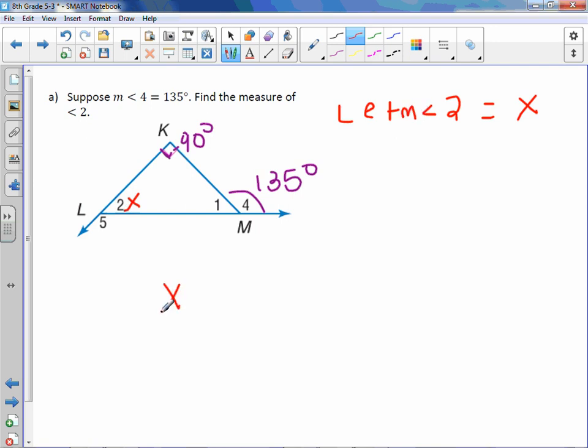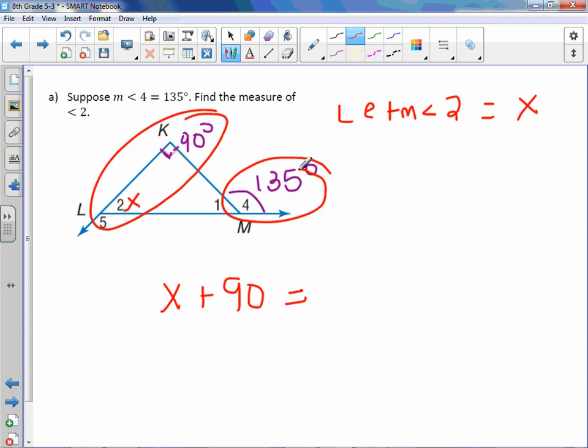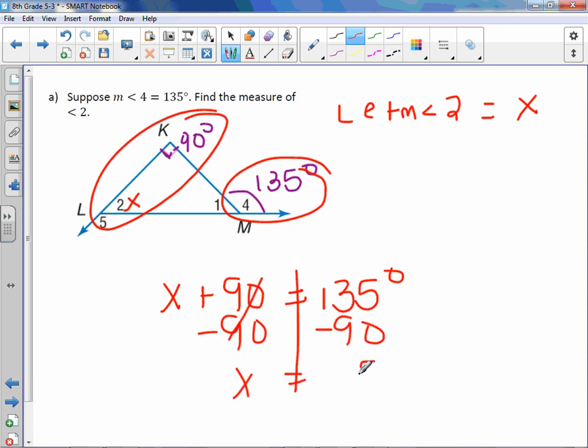So I can say that x plus 90 degrees equals 135 degrees, because we have our two remote interior angles and our exterior angle, which are equal to each other. Subtract 90 from both sides. x equals 45 degrees. So the measure of angle 2 is 45 degrees.